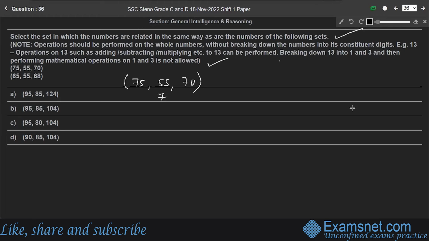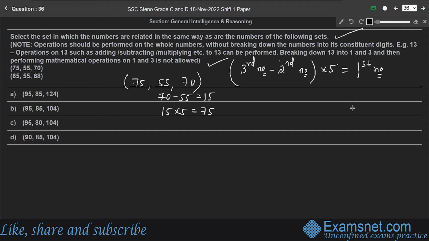The difference between them is 70 minus 55 is 15, and 15 into 5 is 75. Therefore, the logic is third number minus second number, into 5, is equal to the first number.